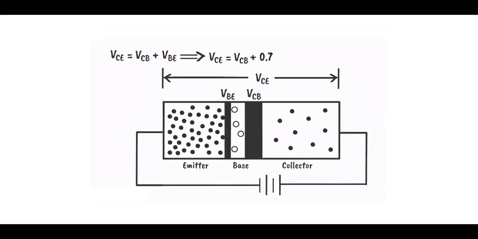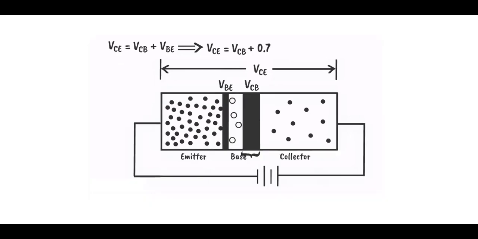Thus, VCE equals VCB plus VBE, which implies VCE equals VCB plus 0.7 volts. That equation indicates that the entire applied voltage between collector and emitter, except 0.7 volts, drops across the reverse biased collector-base junction.